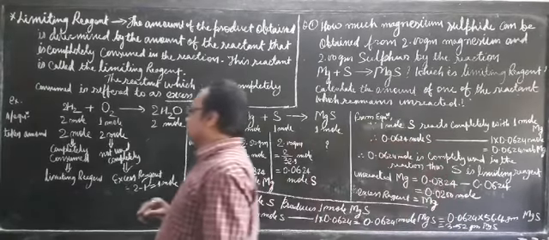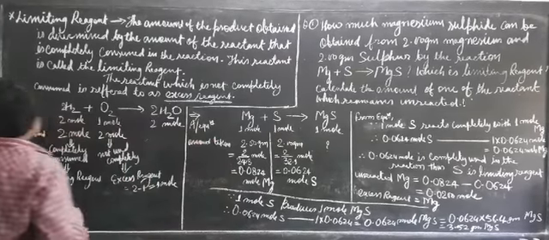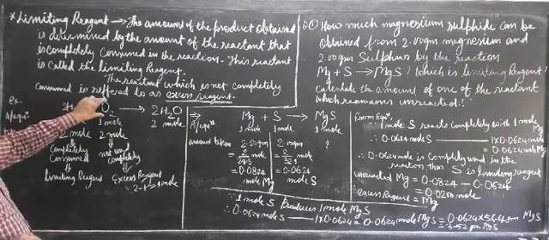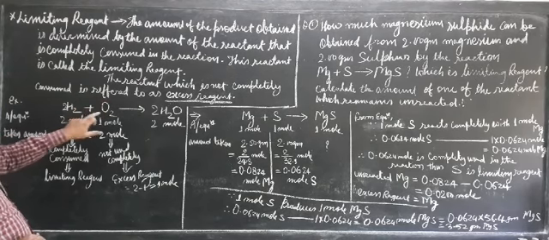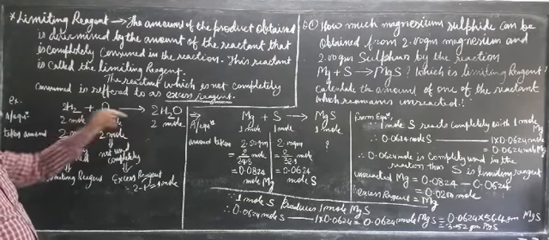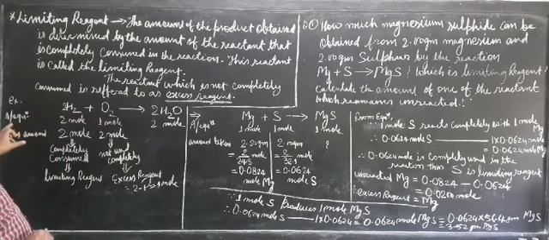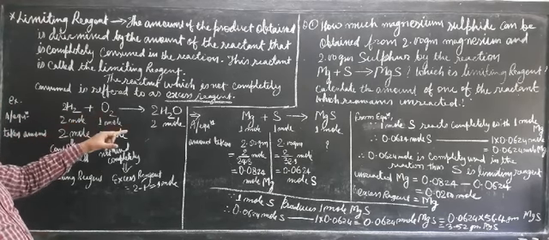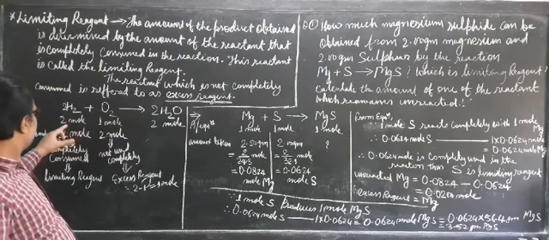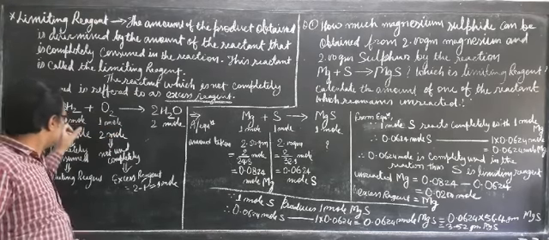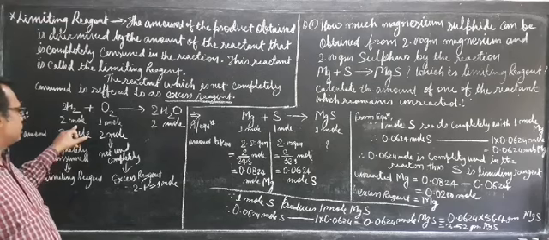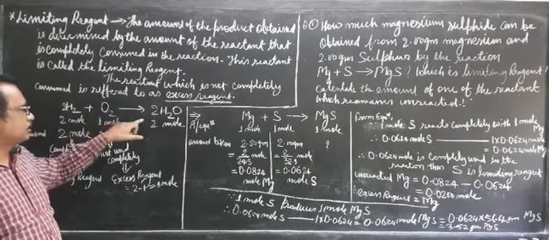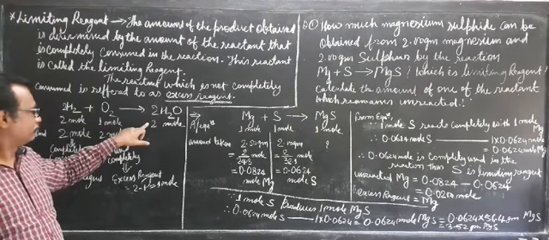Now look at the example I have taken. The example is the reaction between hydrogen and oxygen. Hydrogen reacts with oxygen and forms water. When you balance this chemical equation, 2 mole of hydrogen reacts with 1 mole of oxygen to give 2 mole of water.